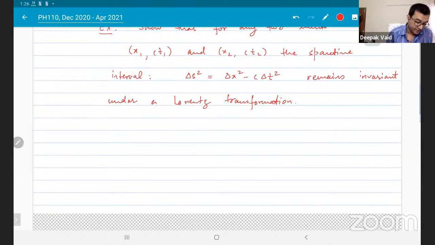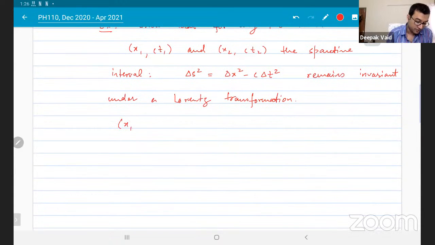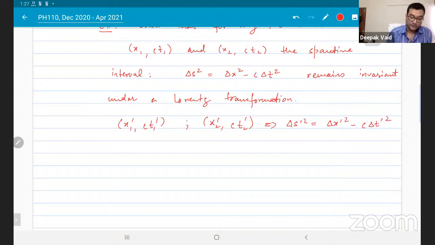That means that when I write down the coordinates of my events as seen by the moving observer, or in a different frame of reference, right, then I can calculate from this delta s prime squared, which is going to be delta x prime squared minus c times delta t prime squared, right? So what you have to do is show that delta s prime squared is equal to delta s squared.